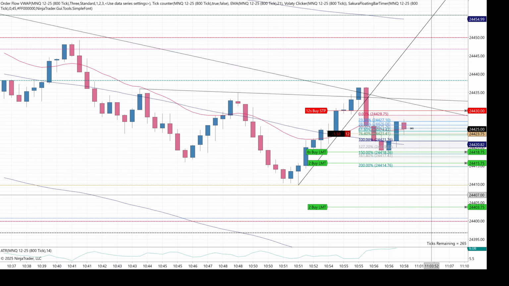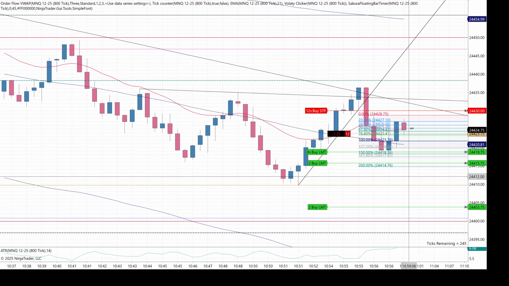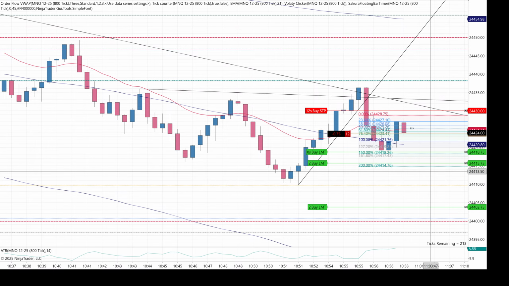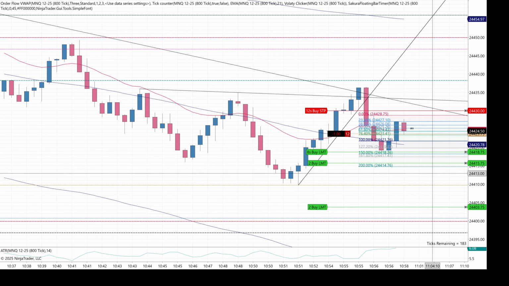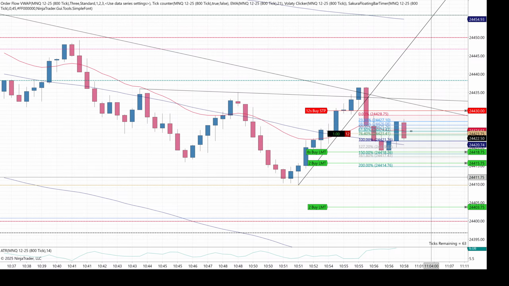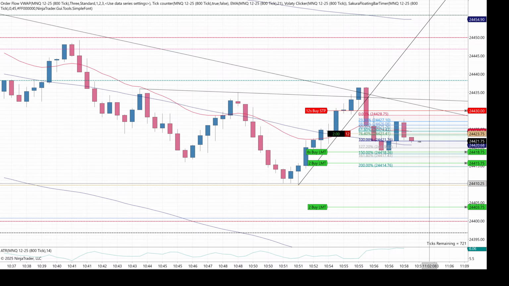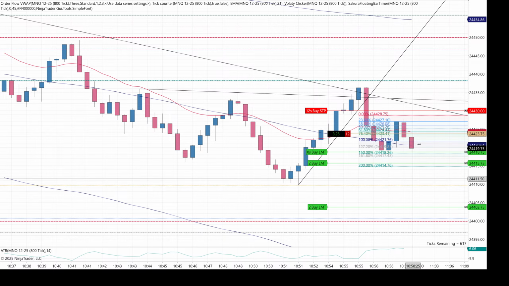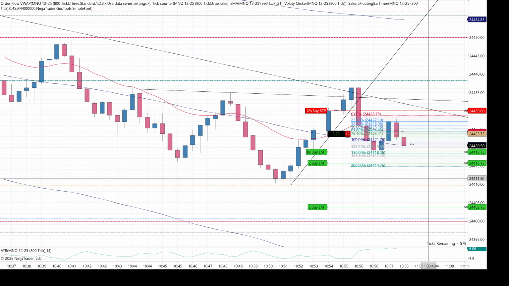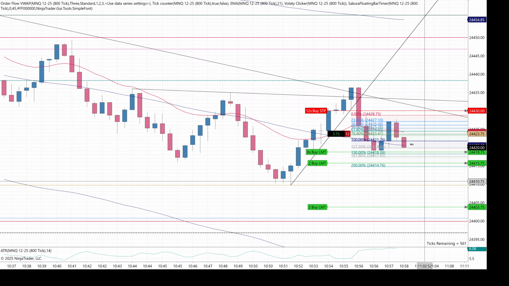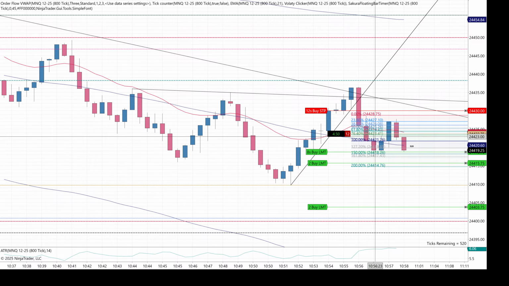Looks more bullish than bearish here, but let's see. Okay, we need it to come down. Touched it.